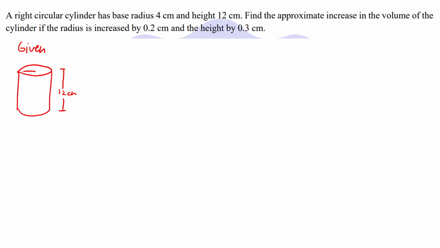So, radius 4 cm. Find the approximate increase in the volume of the cylinder if the radius is increased by 0.2 cm and the height by 0.3 cm. So, this is what we do in module 3, right? Error propagation. We use differentials to approximate increases, decreases in area, volume, etc.